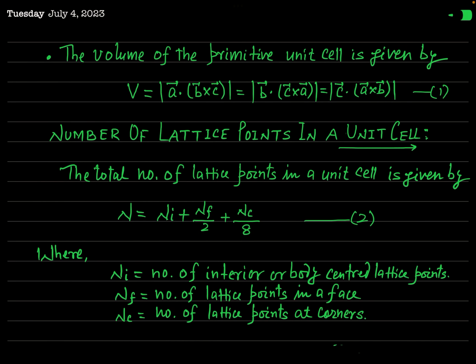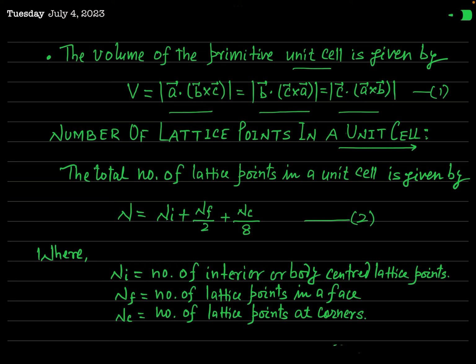As you know from the geometrical interpretation of the triple scalar product of vectors, the volume of this primitive unit cell will be given by the modulus of A dot B cross C, or equivalently you can write it, this is equal to mod of B dot C cross A, and it may also be written as mod of C dot A cross B.